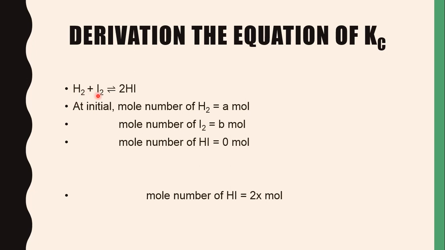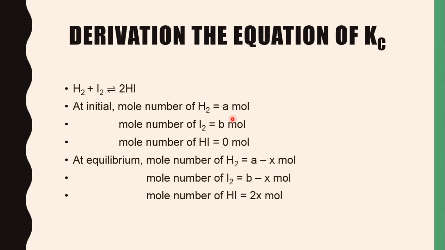That means x mole hydrogen is used in this reaction. But at the initial, the mole number of hydrogen was A mole. So at equilibrium, the mole number of hydrogen will be A minus x mole. And also the mole number of iodine equals B minus x mole, because x mole iodine is used to produce hydrogen iodide and it was at first B mole.